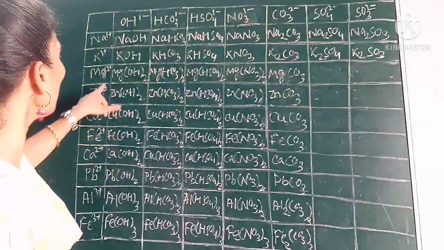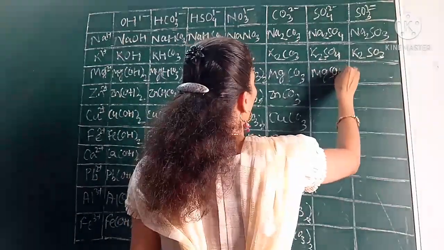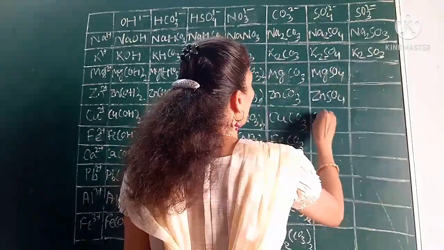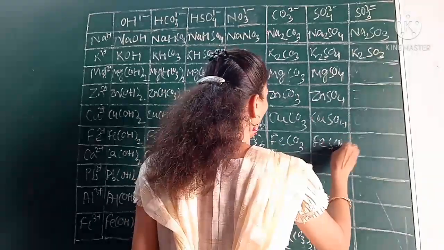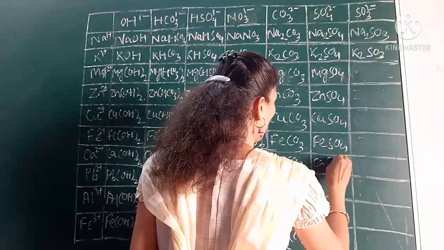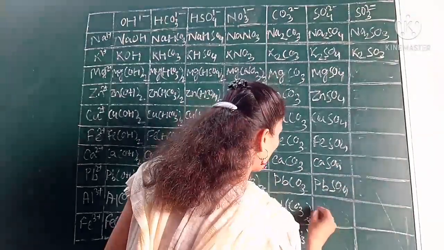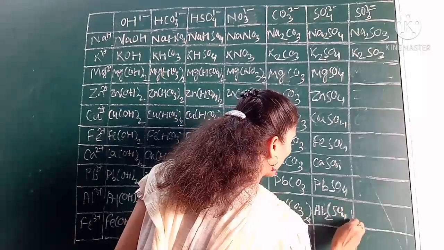You can complete this table: Mg, SO4, then after Zn, SO4, Cu, SO4, Fe, SO4, Ca, SO4, Pb, SO4, then here Al2(SO4)3.